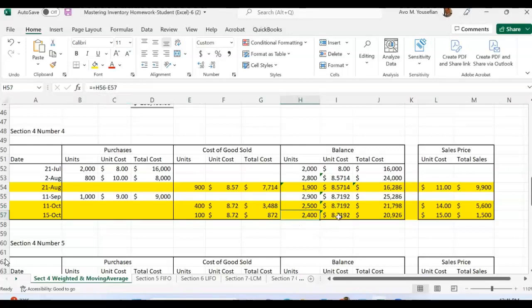The average cost is the same average cost, so 2,400 times the average cost gives you the balance at the end. So ending balance is 20,926. Okay.